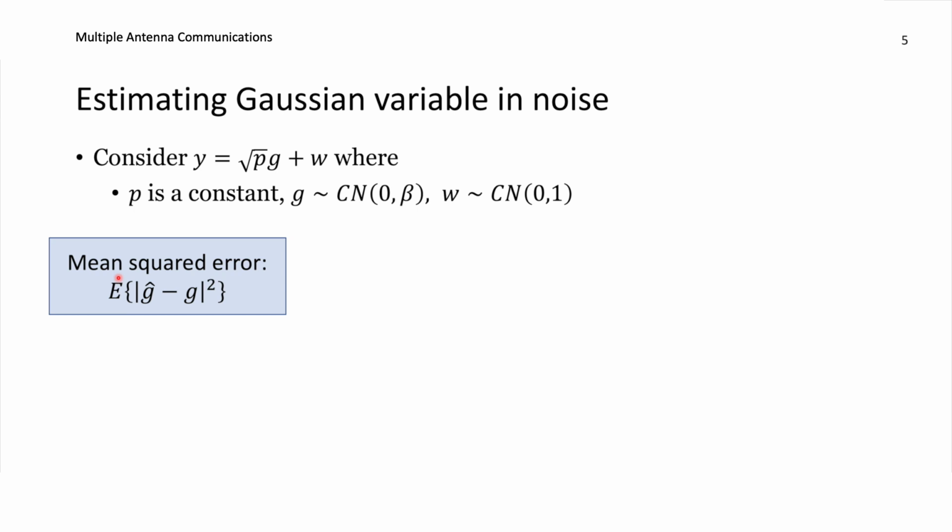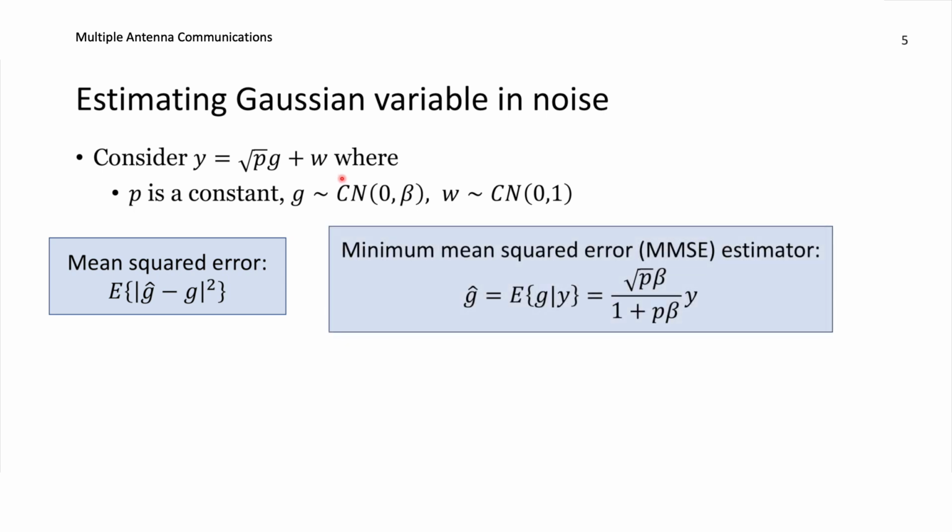And then in estimation theory, when we are observing an unknown variable G which is Gaussian distributed and we observe it in Gaussian noise, the so-called minimum mean squared error or MMSE estimator takes the following form. That is the estimator that is minimizing this mean squared error among all possible choices.